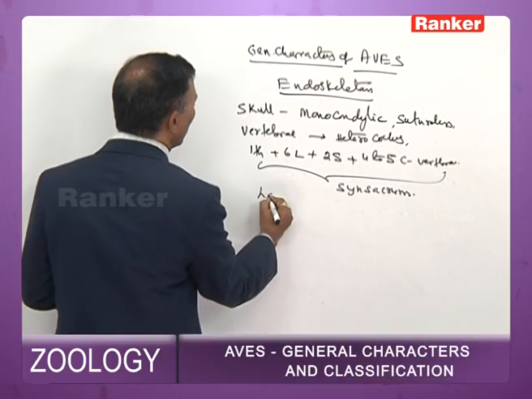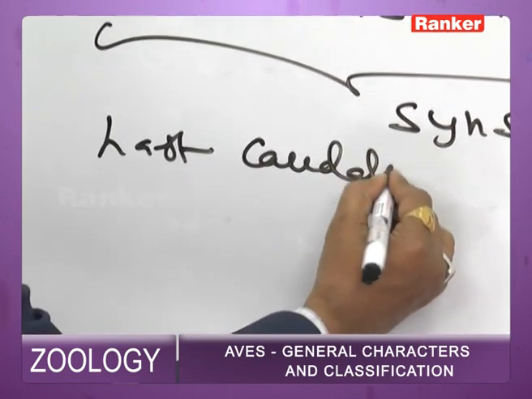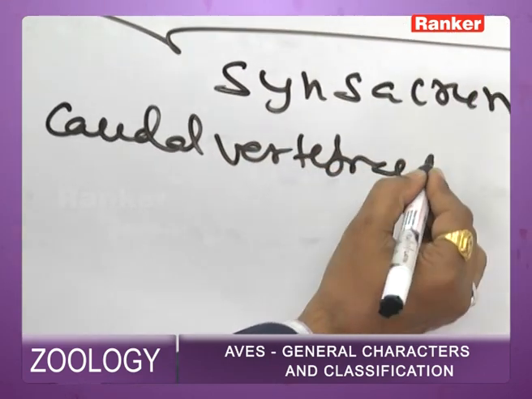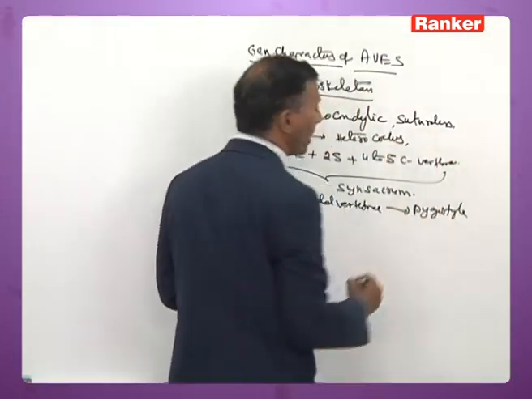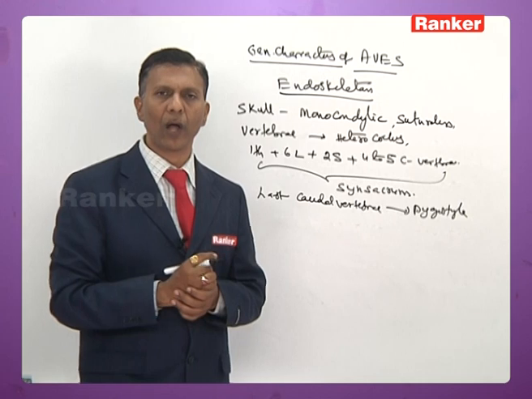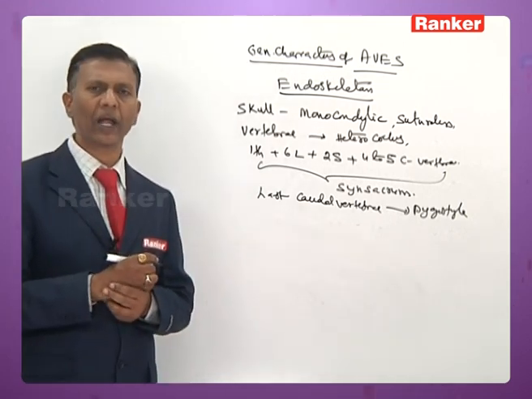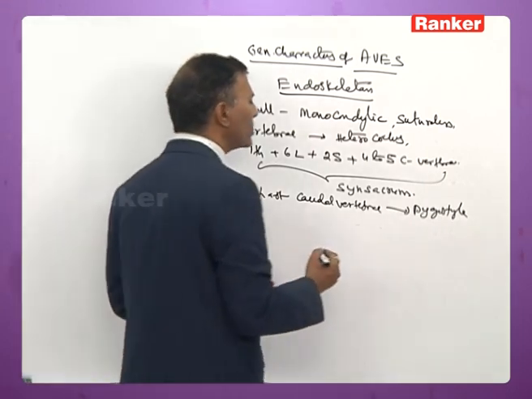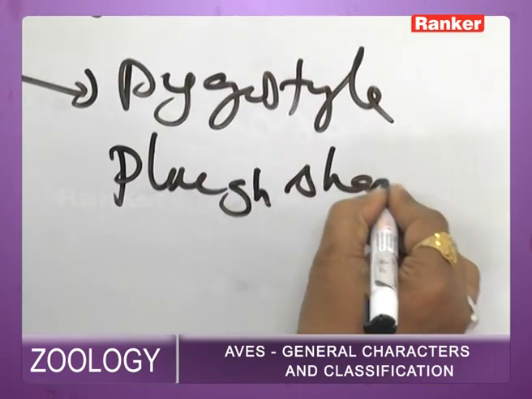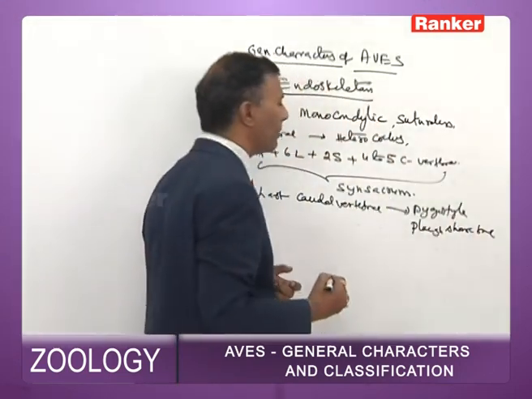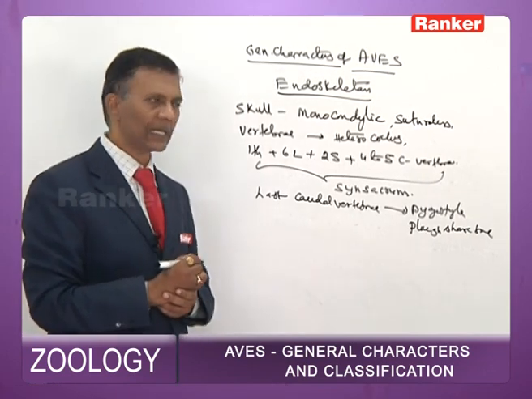The last 4 to 5 terminal caudal vertebrae are fused to form a small peg-like structure called the pygostyle. It provides a surface for attachment of tail feathers called rectrices. Pygostyle is commonly called the plowshare bone.